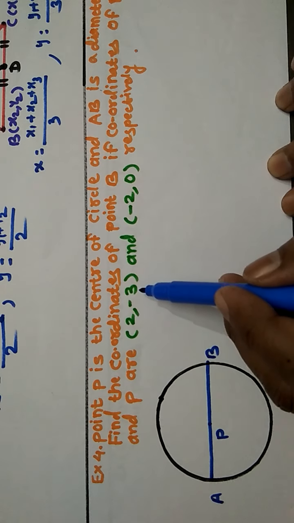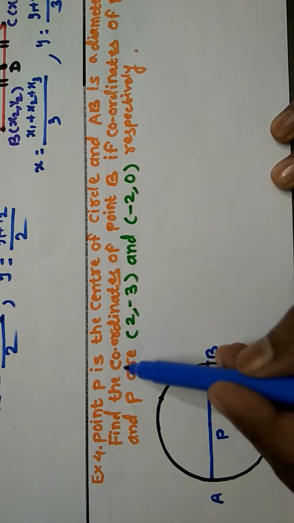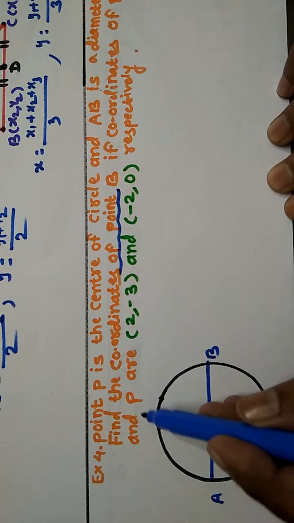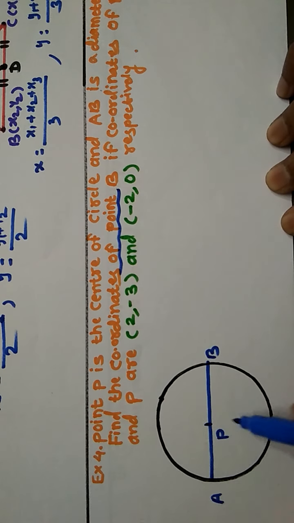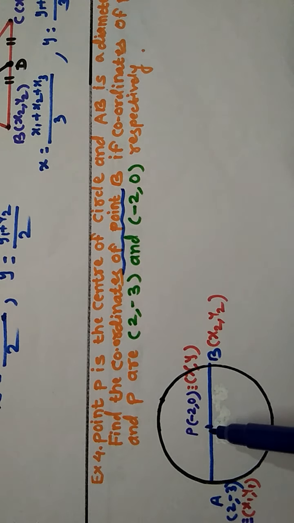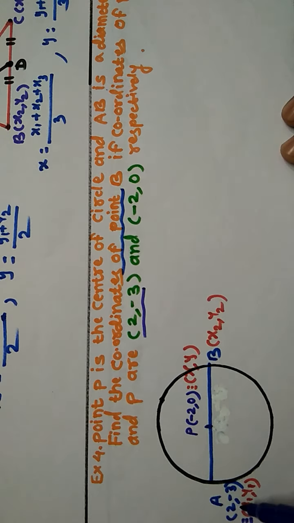Find the coordinates of B. Our aim is to find the coordinates of B, if the coordinates of points A and P are given. See here, sorry, A has coordinates (2, -3). Here P is the center, and point A has coordinates (2, -3).